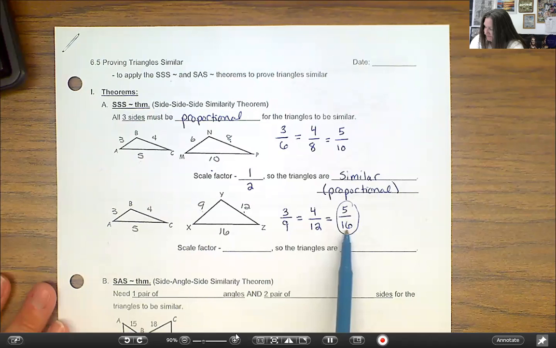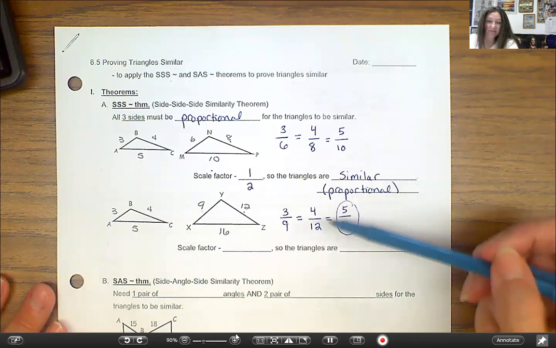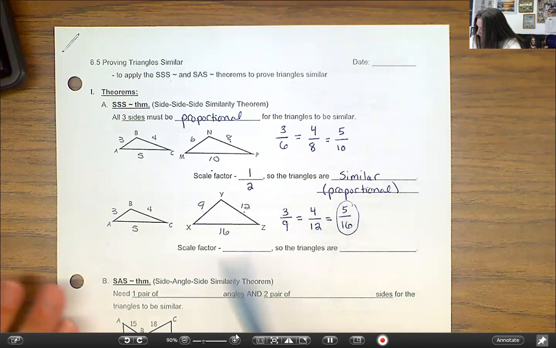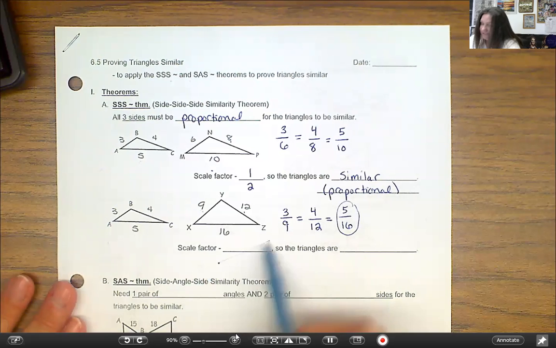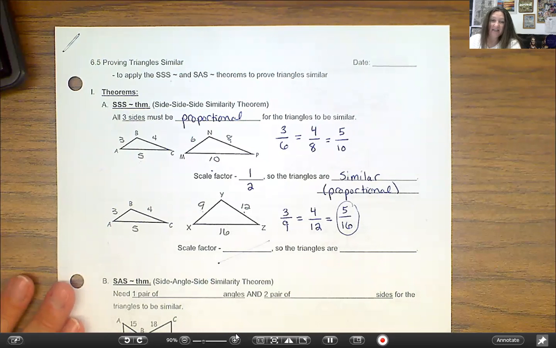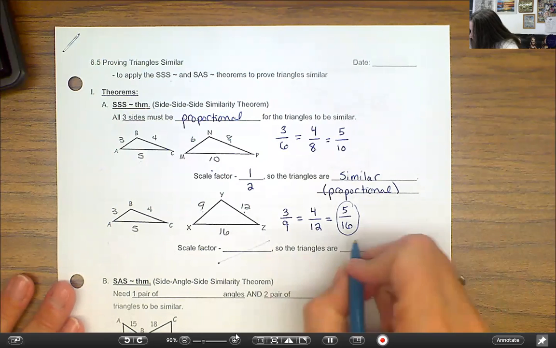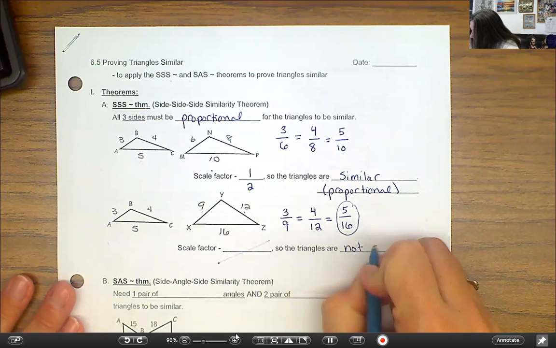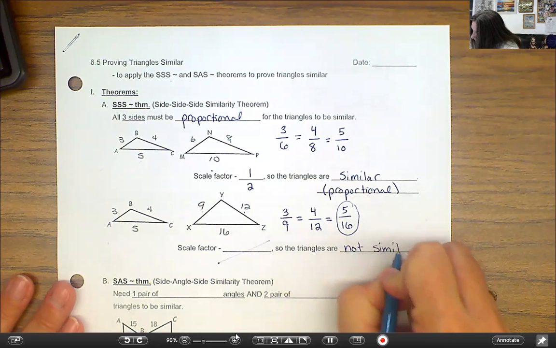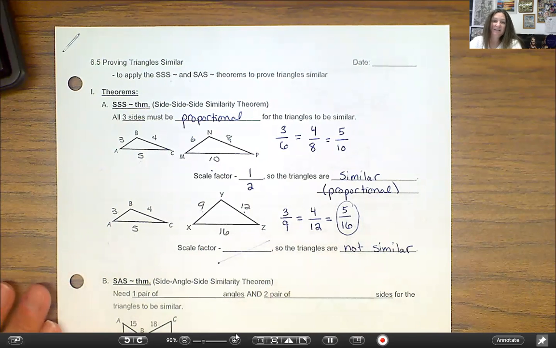That should have been a 15 if I wanted these to be proportional, okay? But it's not. So I do not have a scale factor here that is the same with all three sets of sides. So the triangles are not similar in this case, okay? But you do need to be testing all three of those.